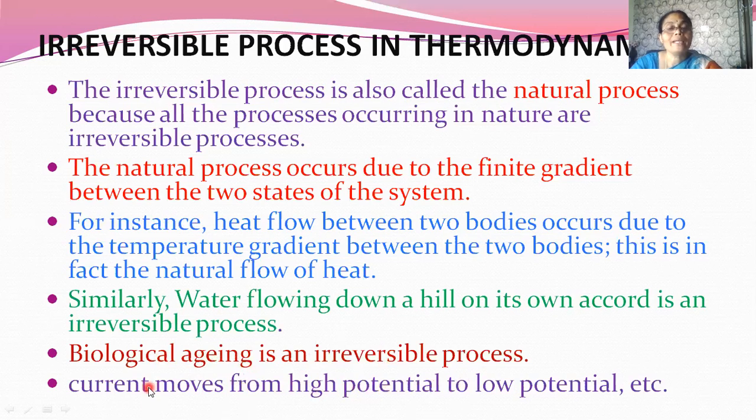And also the current moving from high potential to low potential. So there is finite gradient between the two states of the system. So we know that most of the natural processes are irreversible in nature.